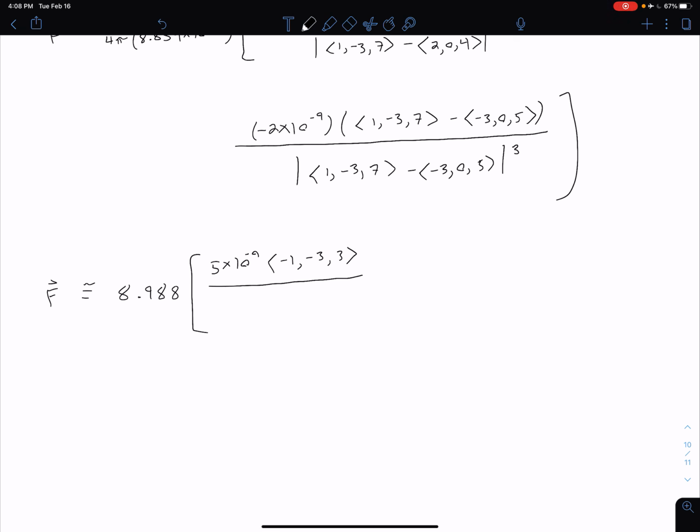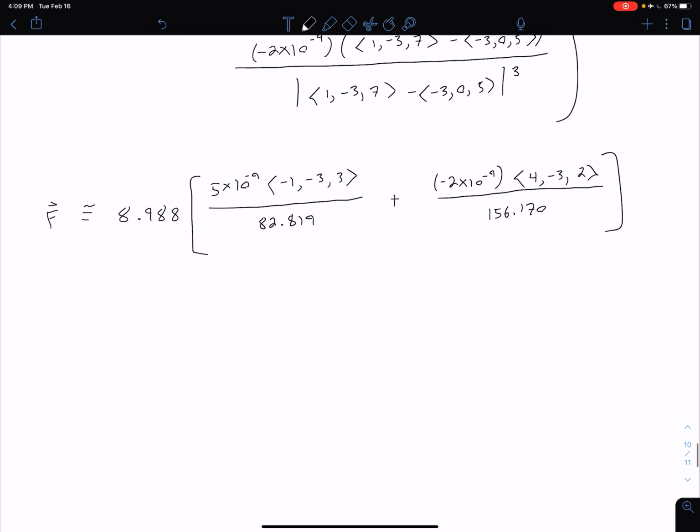And that magnitude squared ends up being approximately 82.819. And then for our second term, we still have the negative 2 times 10 to the minus 9 times the vector of 4, negative 3, 2. And the magnitude cubed of that is 156.170 approximately.